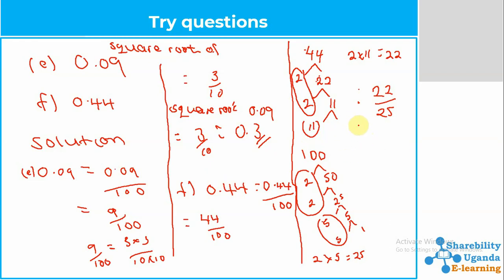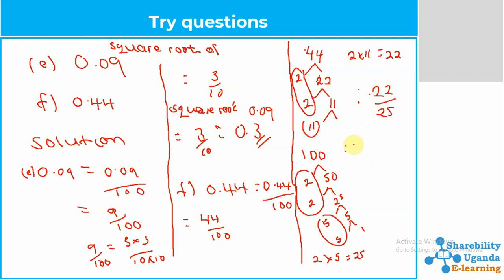Now when you come up with this, this simply means that our number, which is 0.044, is not a square number, because if we multiply this 22 times 22, we shall get a number which is not 44.